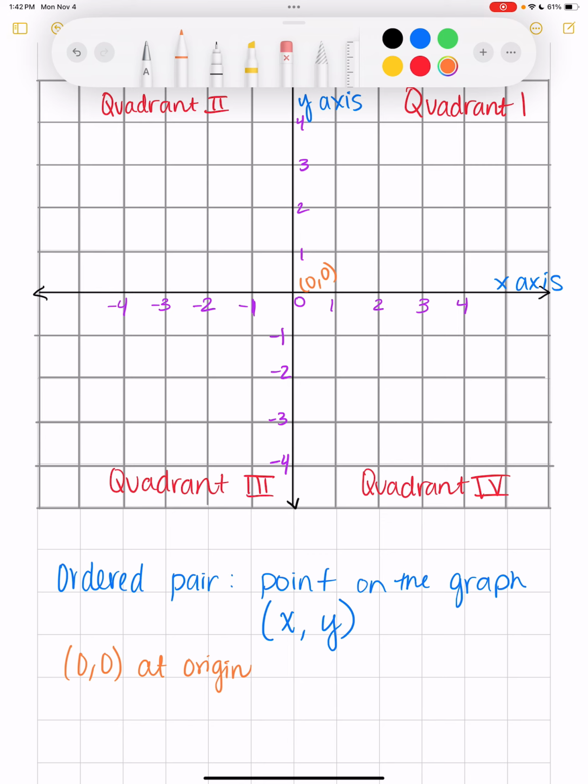So if I had a point, say, right here, this point would be at 2 on the x, and then it's down 2, so at negative 2 on the y, so this would be the point 2, negative 2, just for reference for you.